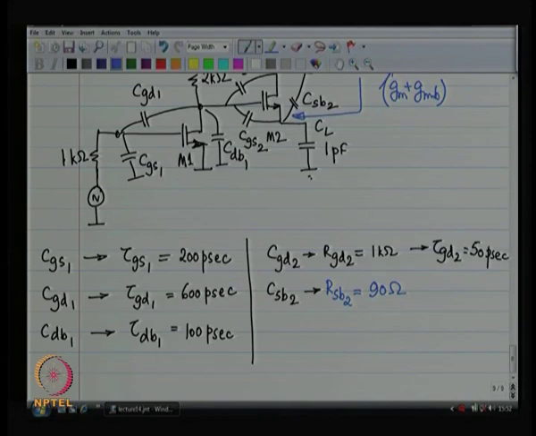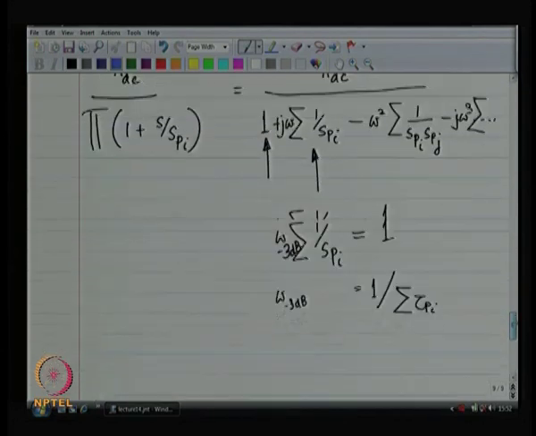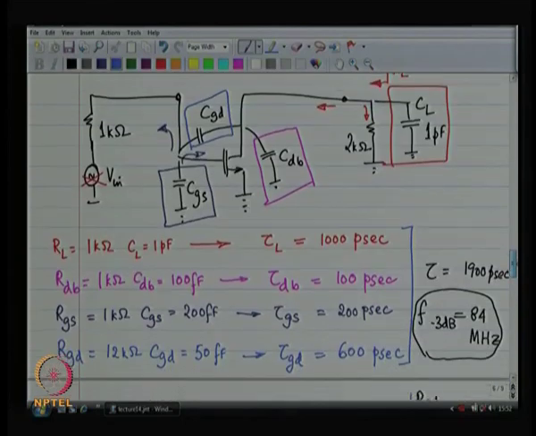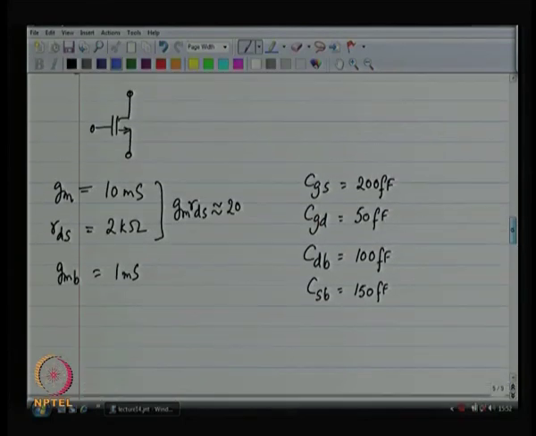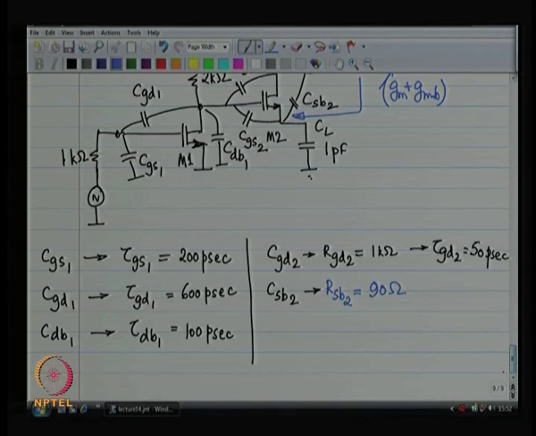So, CSB, source to body, was 150 femtofarads, right. 150 femtofarads with 90 ohms, and as a result I get 14 picoseconds.